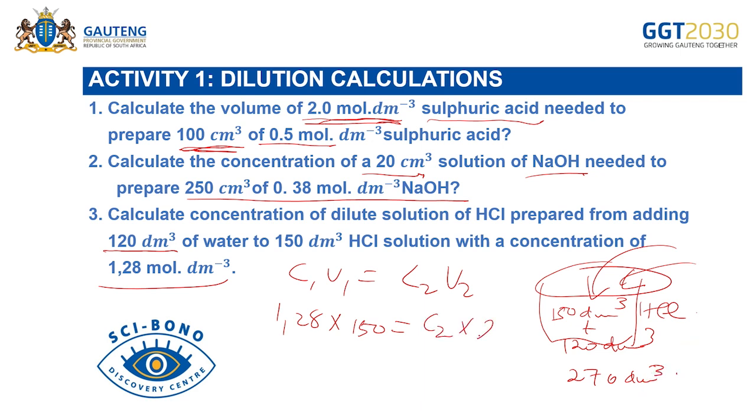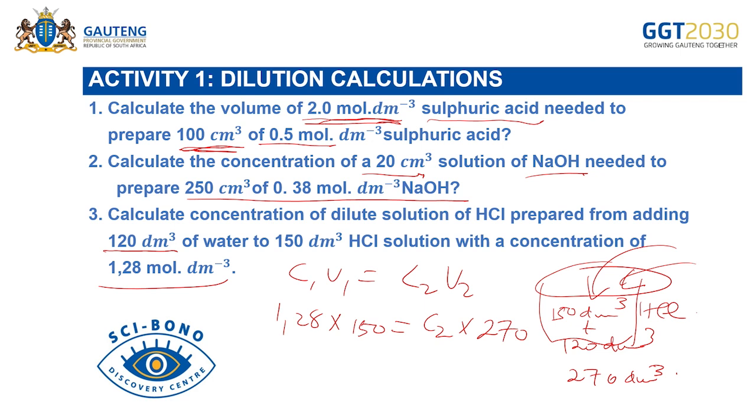Final volume is 270. Not 120, not 150. So the total volume is the volume of the initial solution plus the volume of water that was added. So they added 120 to 150, so the total will be the volume of the dilute solution, or the final solution, which is 120 plus 150, which is 270. Right. So I hope you understand where this 270 is coming from.